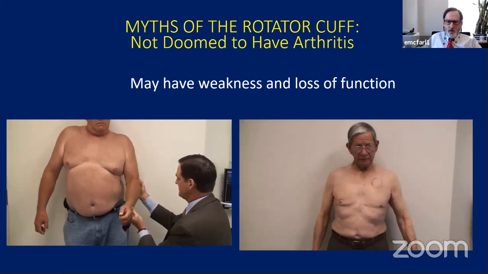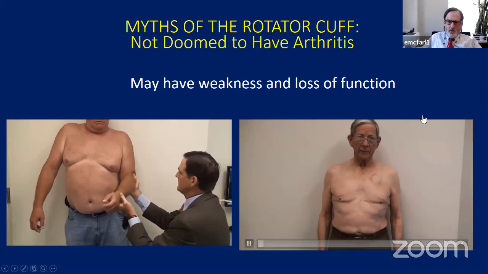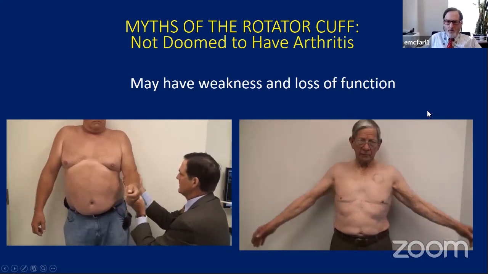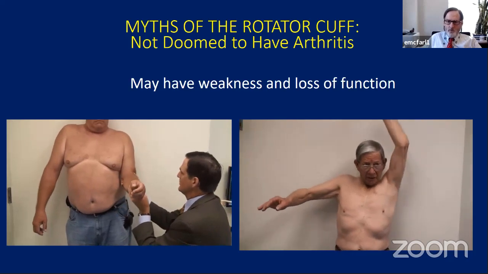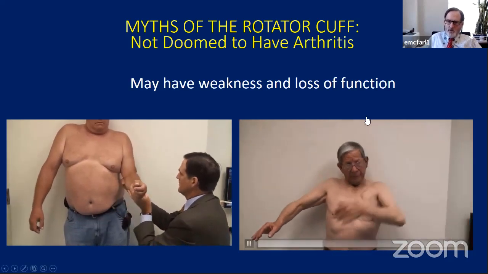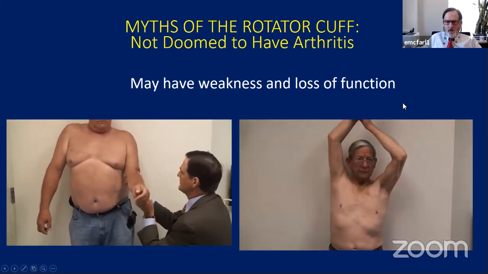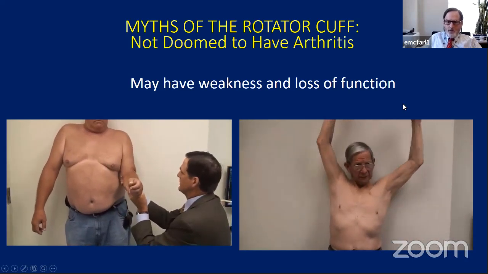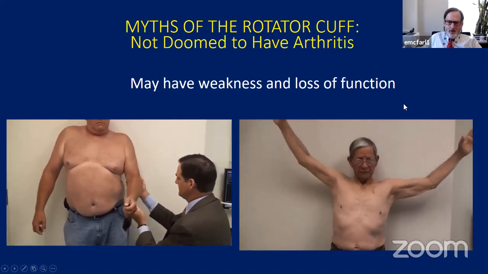On the other side, you can see the guy's got a nice little pacemaker there. He has a classic superior escape, in that his humeral head gets stuck up underneath his acromion. But if he takes his arm up, he actually has full, decent range of motion. This guy doesn't have any pain. He can really use his arm, and this is called pseudo-paralysis.